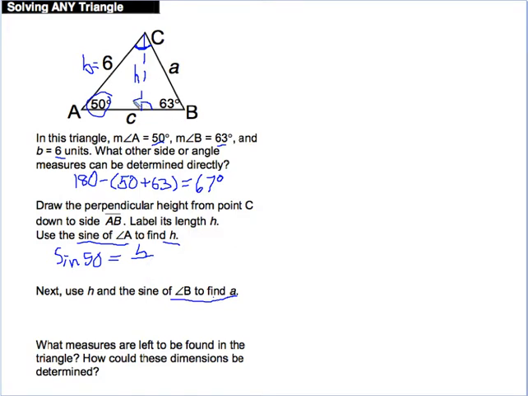And in this case, here's my right triangle, so the hypotenuse is 6. So height over 6. And then when I solve for H, I multiply both sides by 6.